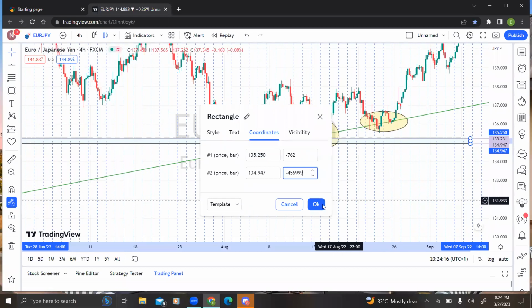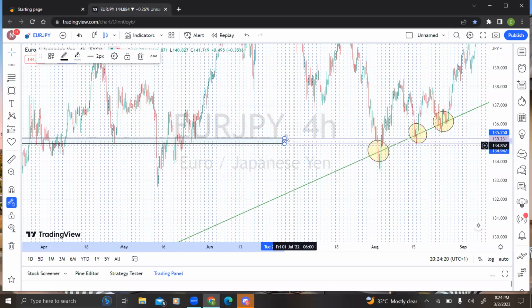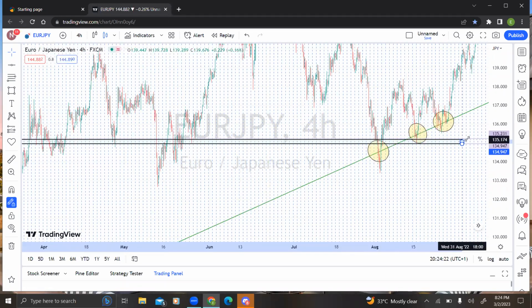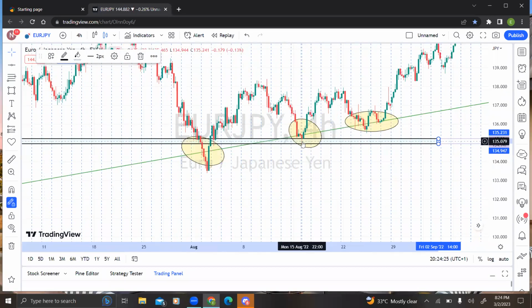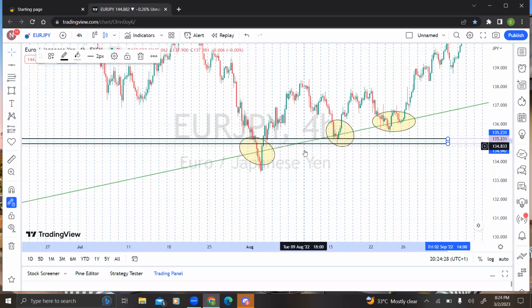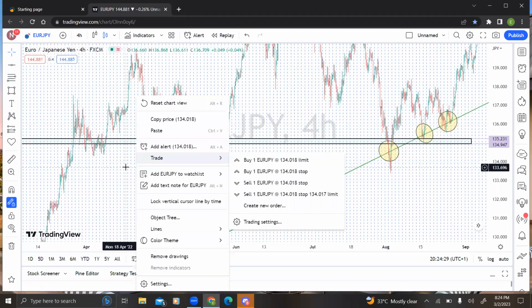Let me use minus, so that it can take me to the past. Now, this is an area here because there's just one point of reversal. If we take it to the past, see what happens here.